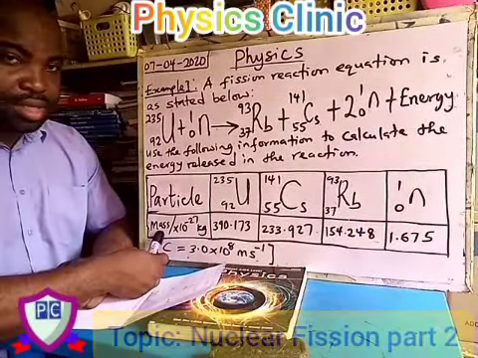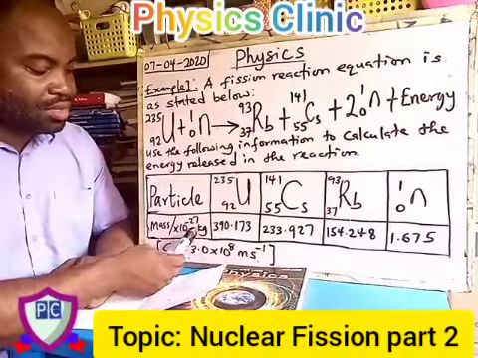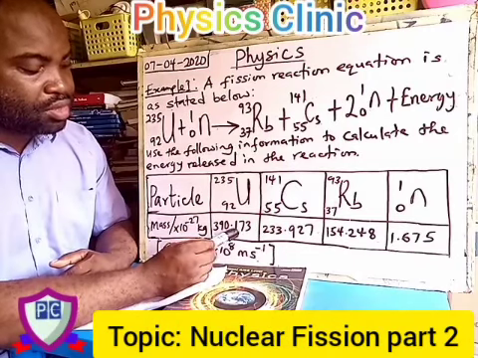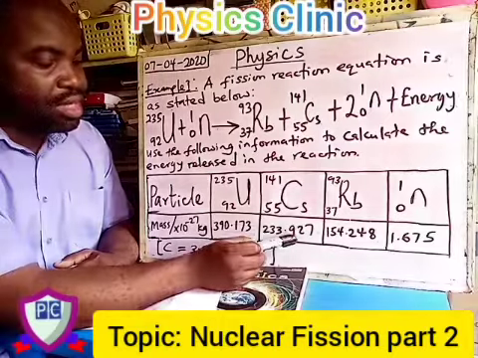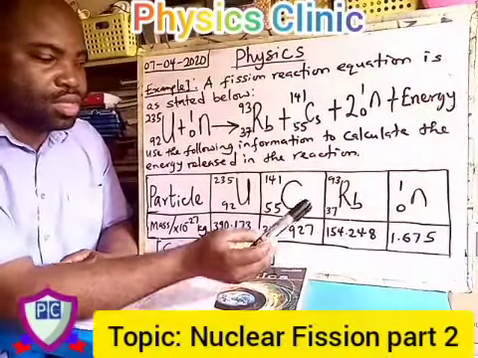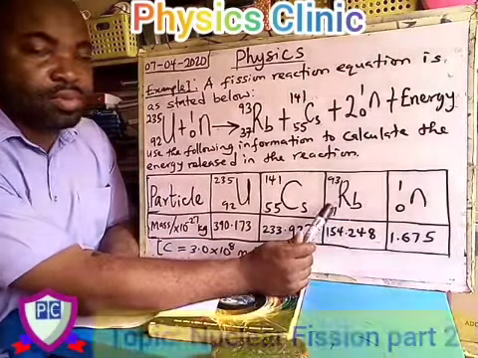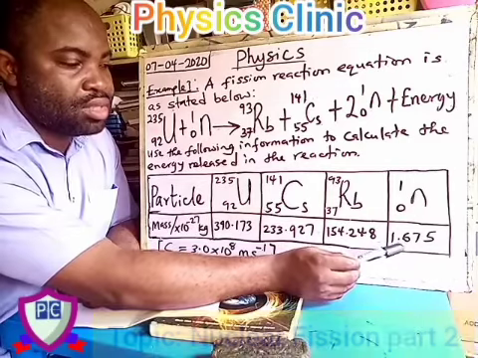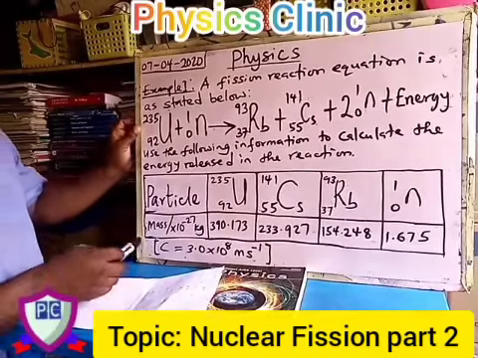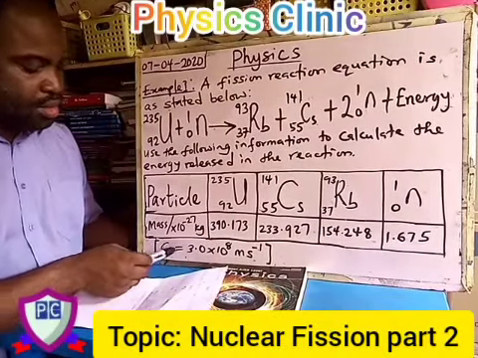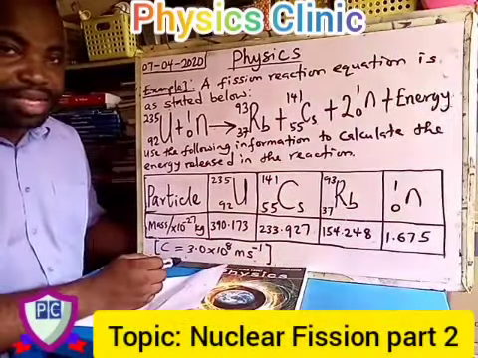And the masses of these particles, multiplied by 10 raised to the power minus 27 kilograms, are 390.173 for uranium-235, 233.9274 for cesium-141, 154.248 for rubidium, and 1.675 for neutron. We are also given the speed of light, represented by c, to be equal to 3.0 times 10 raised to the power 8 meters per second.